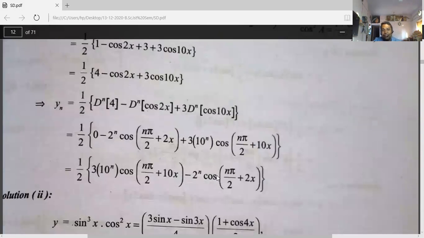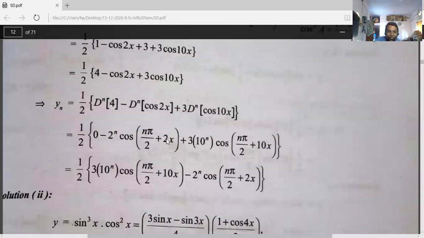What is the nth derivative of cos(ax+b)? It is a to the power n cos(n pi/2 + ax + b). You saw in the previous classes that the nth derivative of cos(ax+b) is a^n cos(n pi/2 + ax + b). Whatever the function may be, it is just n pi/2 plus that function that we are getting here.